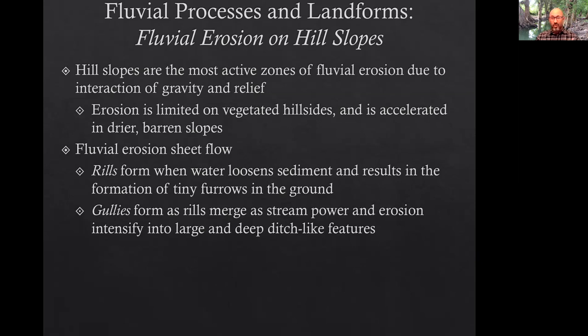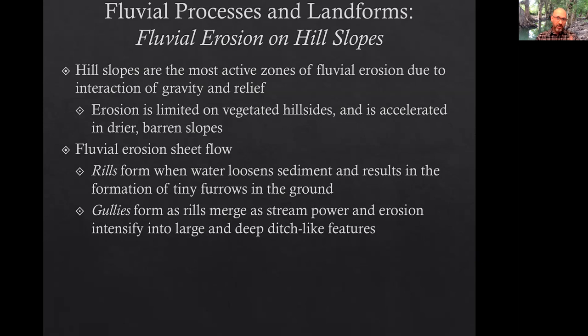So if you remember from the introduction to fluvial geomorphology, we showed you that image from Big Bend of the rills and gullies. So rills are formed when water breaks down and loosens sediment and results in the formation of very tiny, deep, near vertical furrows in the landscape.